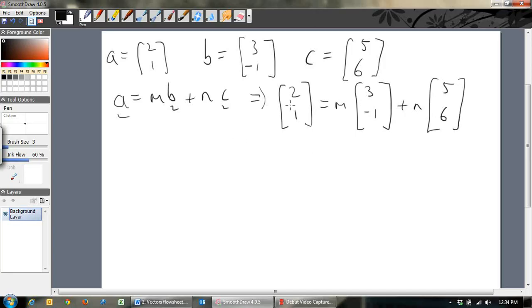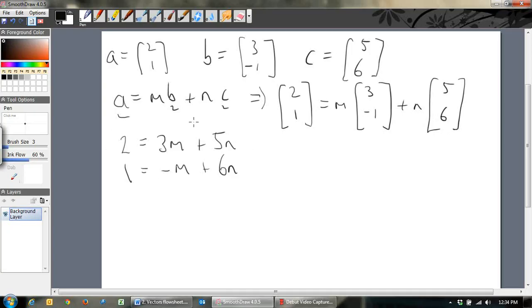As you know from matrices, this gives us two equations. The top equation is 2 equals 3m plus 5n. And the bottom piece is 1 equals negative m plus 6n.